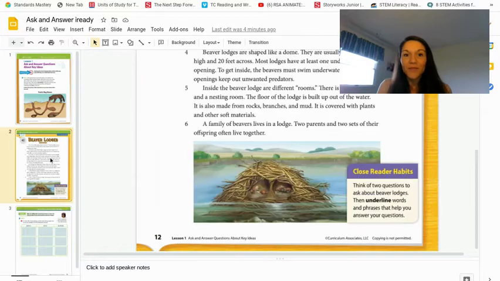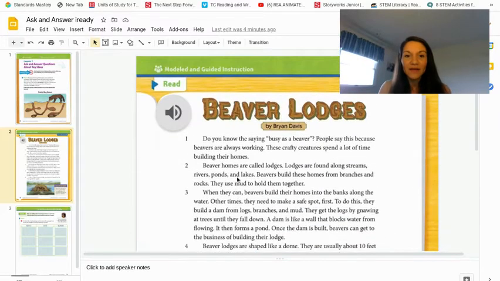All right, so on this article called Beaver Lodges, I'd like to read the first couple of paragraphs with you, and then I am going to teach you how I look for a fact in the text, turn the fact into a question, and then answer the question. This is one way that readers can ask questions about the text.